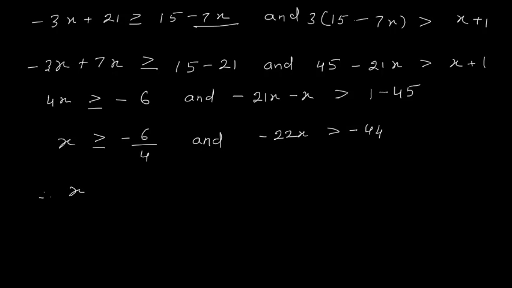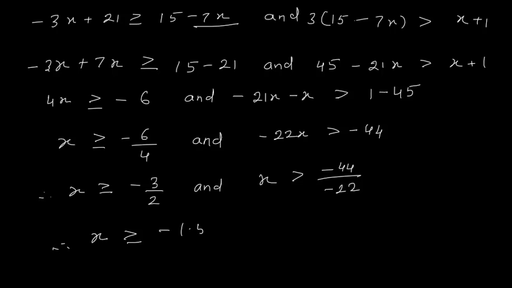So therefore x is greater than or equal to minus 3 upon 2, and here x is greater than minus 44 upon minus 22, x greater than or equal to minus 1.5. Okay, you can convert it in decimal, and x is greater than, here minus and minus will cancel and you will get 2.